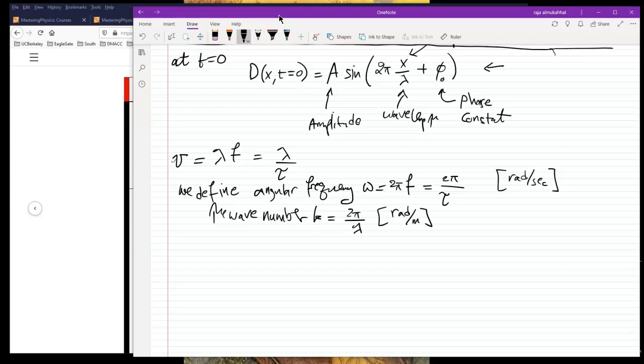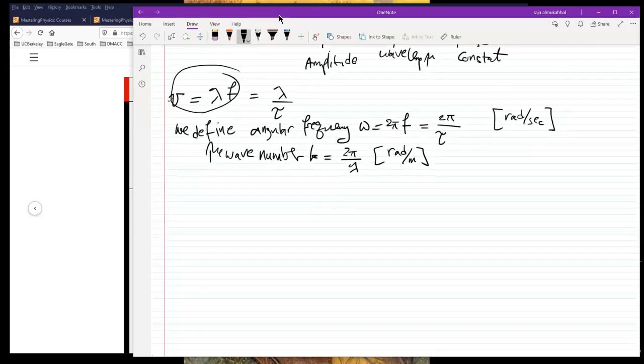So now if I go back to my expression for the velocity, I have v equals lambda f. Well, k equals 2 pi over lambda, so lambda is equal to 2 pi over k, correct? And so I can put it here, so that will be 2 pi over k times f.